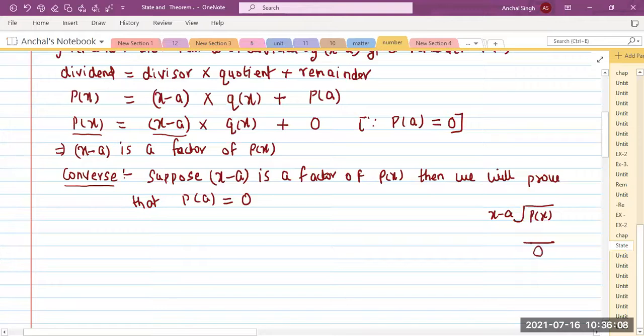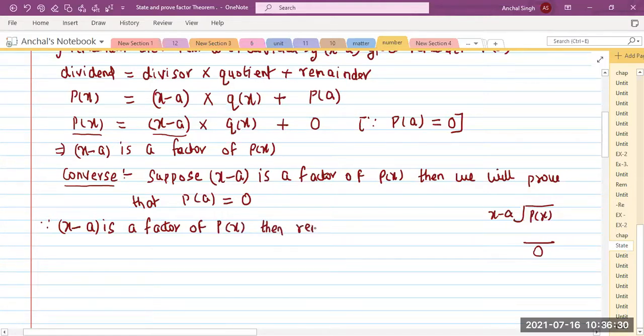So first I'm writing this statement. Since x minus a is a factor of Px, then remainder is 0.